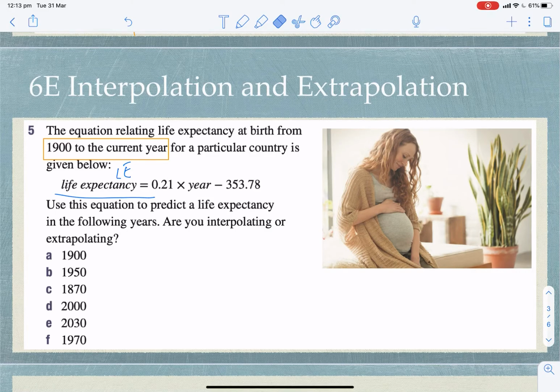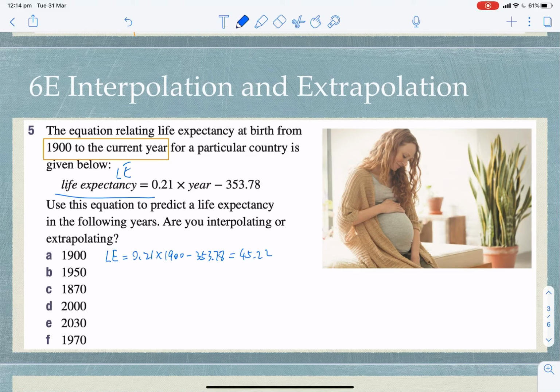That's easy. I'm going to use LE to represent life expectancy, and all you need to do is type in the calculator 0.21 times the year minus 353.78. So you can quickly work those out. So 0.21 times 1900 minus 353.78, you should get about 45.22.